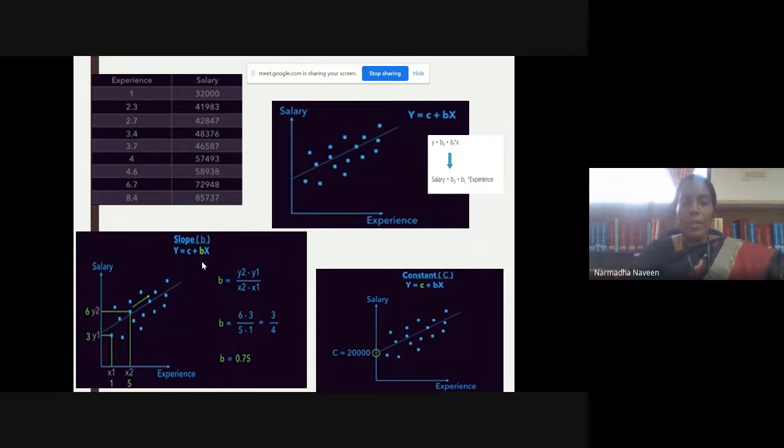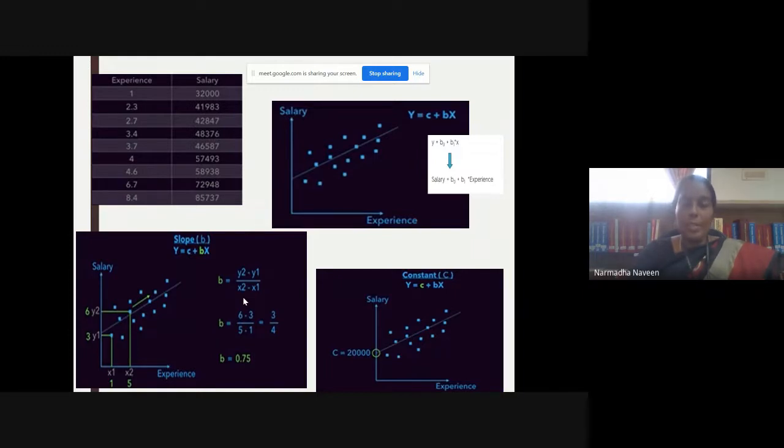Here, how do we calculate the value for b? b is the slope. Mathematically, b is calculated using the formula b is equal to y2 minus y1 divided by x2 minus x1. You would have studied this in your mathematics in your school days.